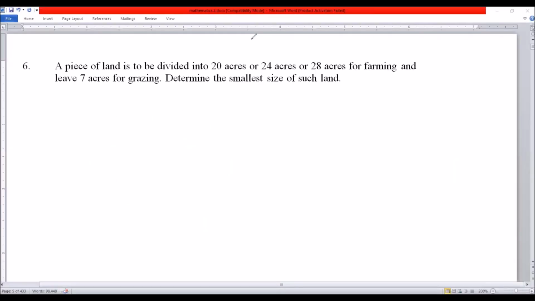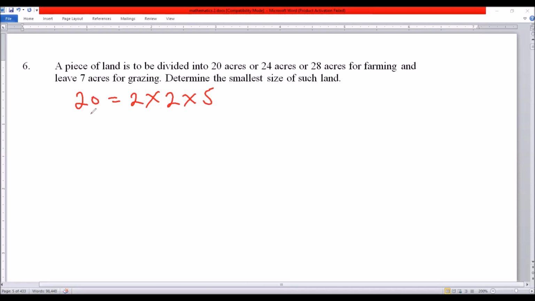Our sixth question, we are told a piece of land is to be divided into 20 acres, 24 acres, and 28 acres for farming, and leave 7 acres for grazing. Determine the smallest size of such land. So here we need to get the LCM. 20 is equal to 2 multiplied by 2 multiplied by 5.